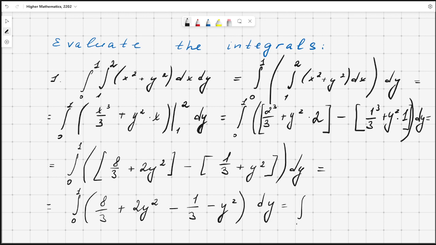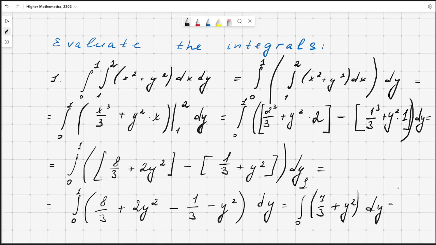Equals integral from 0 to 1, 8 over 3 minus 1 over 3, it is 7 over 3. 2y squared minus y squared, it is plus y squared, dy.